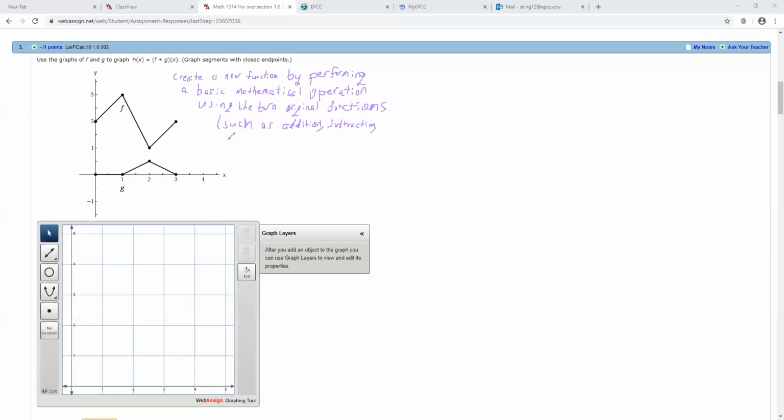Multiplication and division. And the next one? Division, good. So multiplication and division.